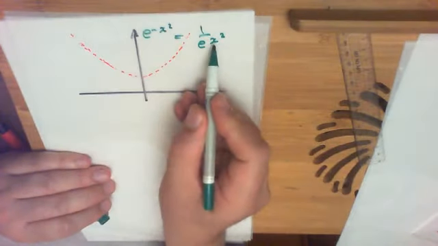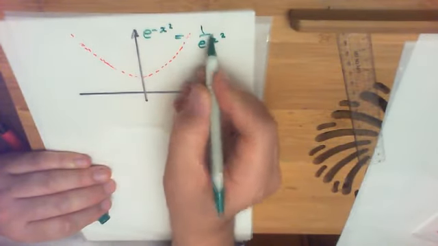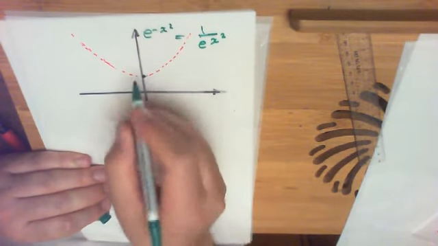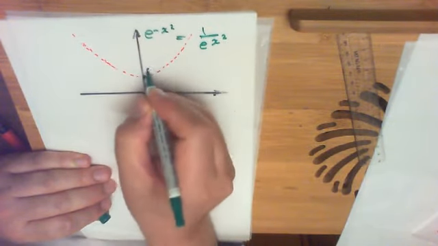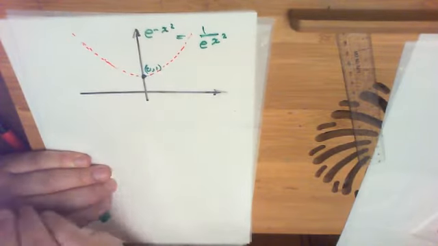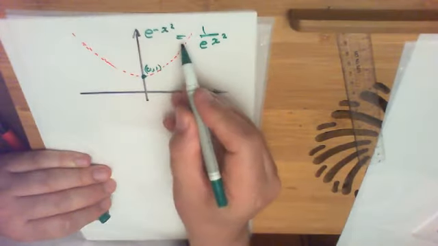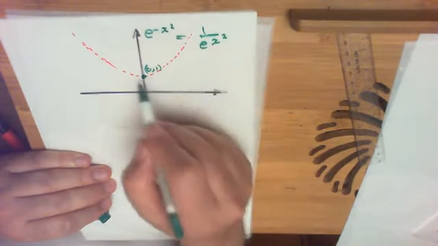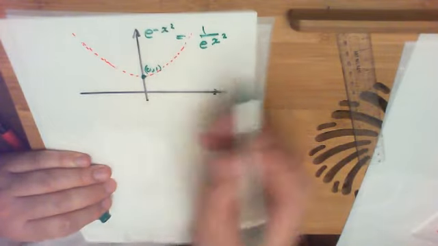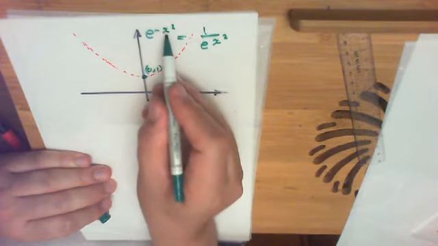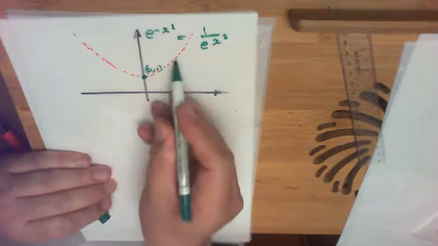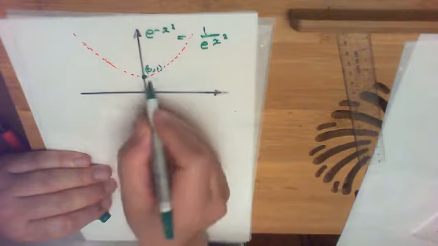The reciprocal, as this is 0, 1. The reciprocal of 1 is still 1. Now as x increases, e to x squared increases. But here, as x increases, e to minus x squared decreases.